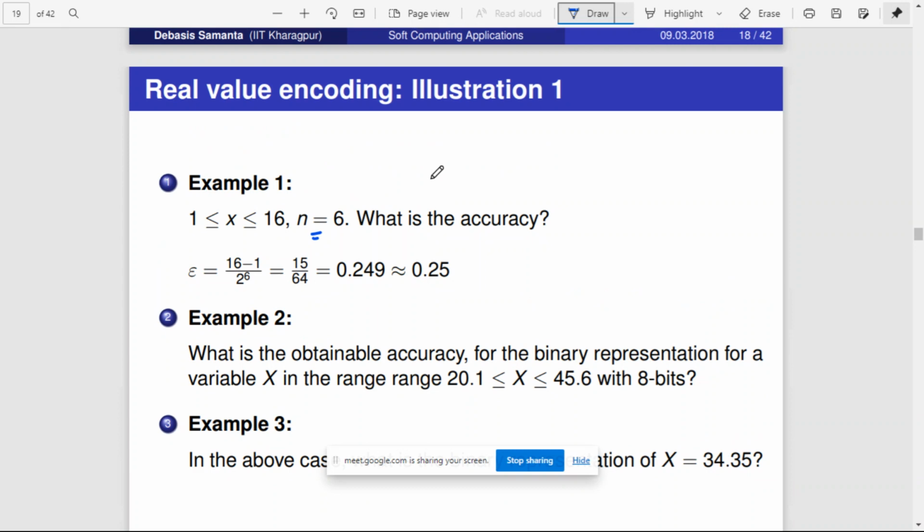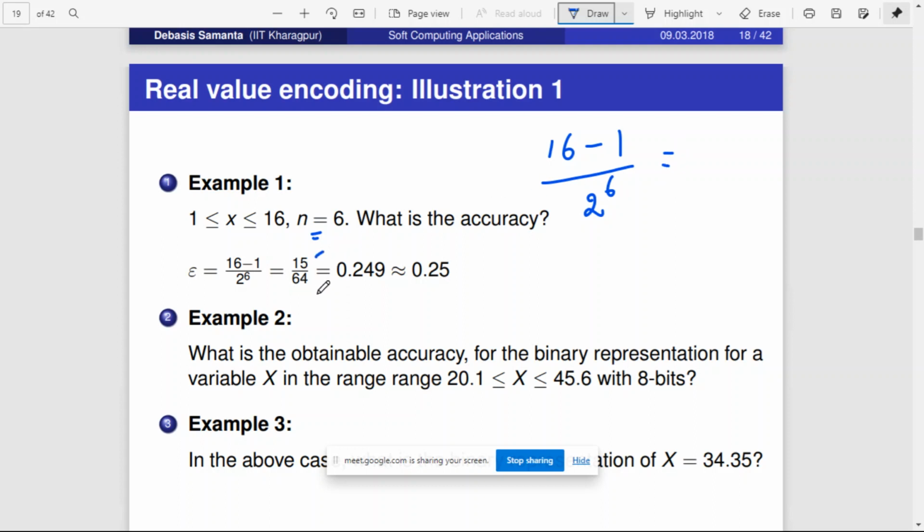Okay, so in this case, what is xu? 16. What is xl? 1. Divided by 2 to the power n. Right? What is n? 6. Okay, so 16 minus 1, 15. 15 by 64 is 0.249. Right?